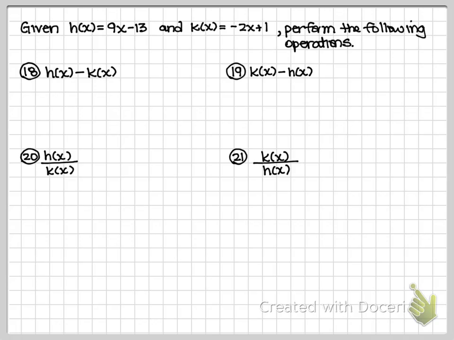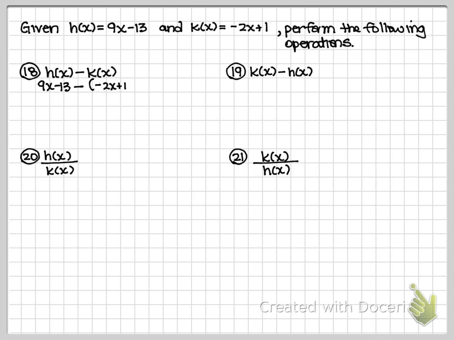And actually, whenever subtraction's involved, I'm going to use parentheses when I plug stuff in. I think it makes it a little bit easier. So h of x, 9x minus 13, minus parentheses. I'm only going to put parentheses around the second thing. So the thing that is being subtracted, which is going to be negative 2x plus 1.